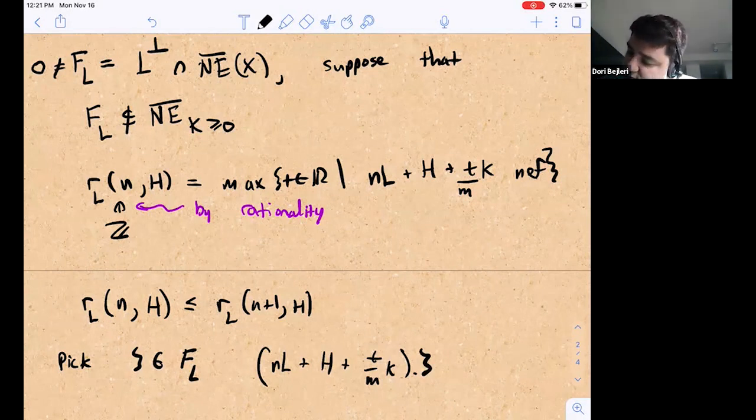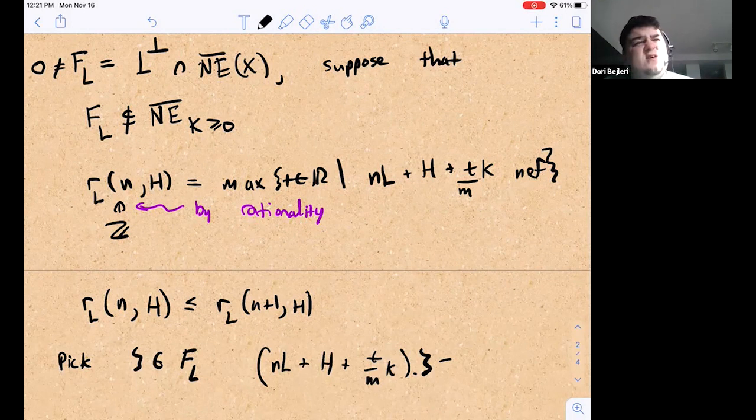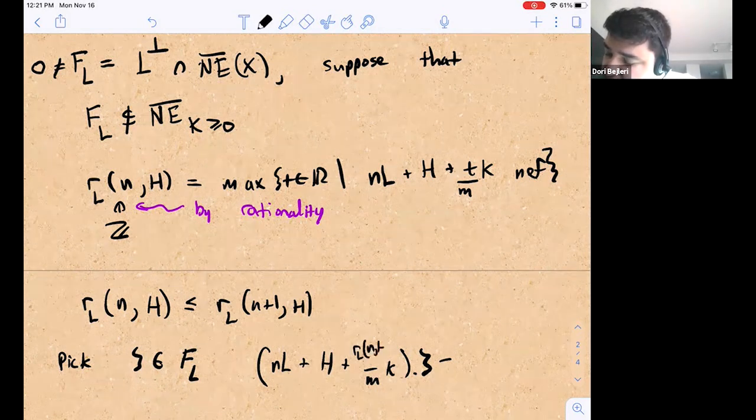So I guess we want to go up to this threshold R_L(n, H).